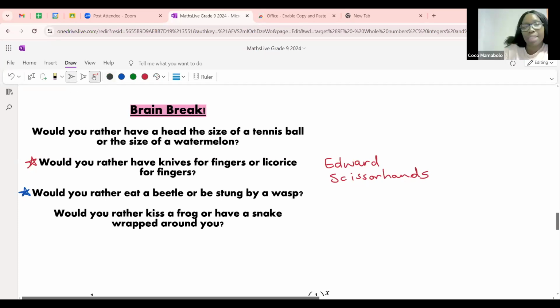However, when a wasp stings you, it stings you like this. That's how a wasp stings you. It can sting you again and again and again. And it's not like it's not painful. So I would rather eat a beetle. I'll eat a beetle any day. I'm cool.